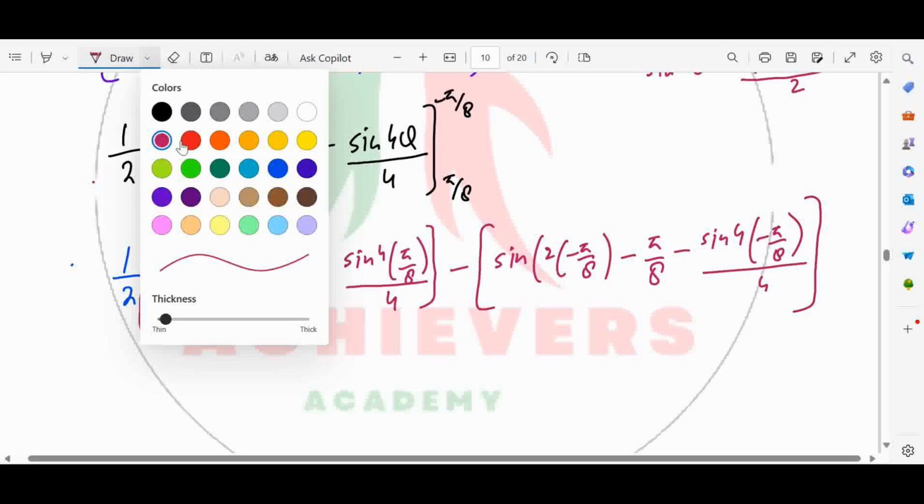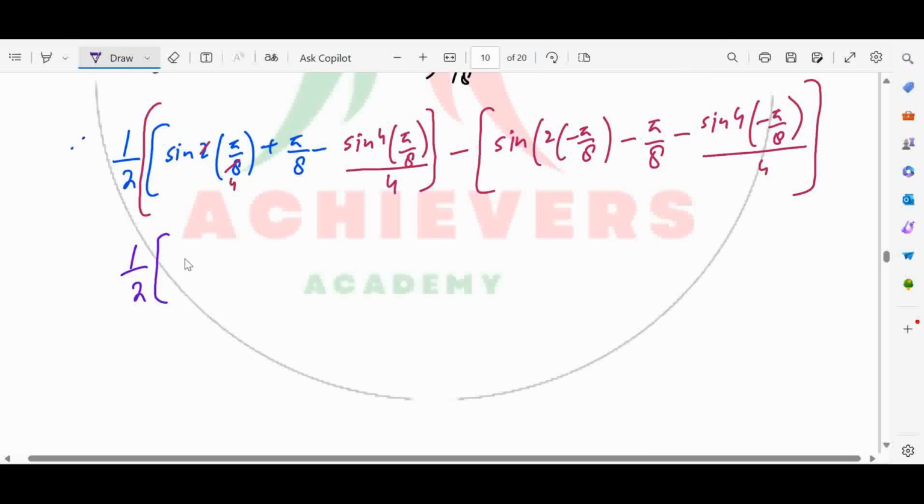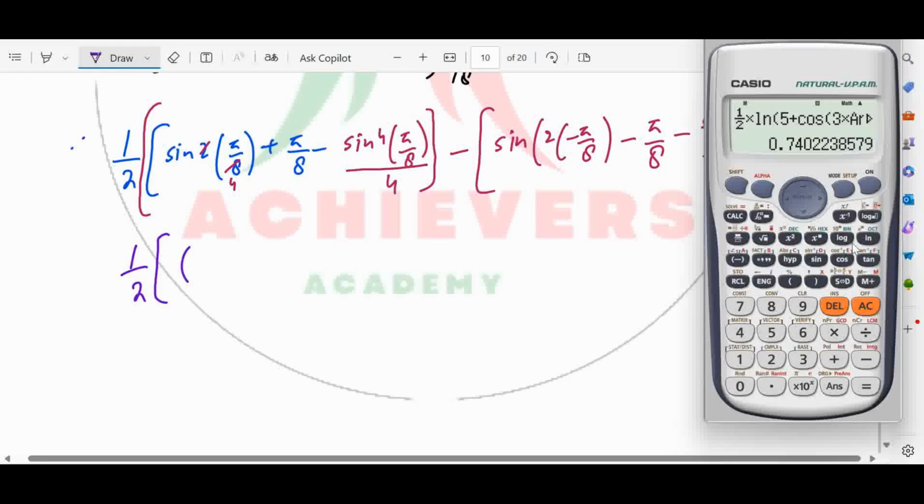Okay, now let's use the calculator. That 1 by 2 into bracket. Now your calculator should be in the radian mode first of all.